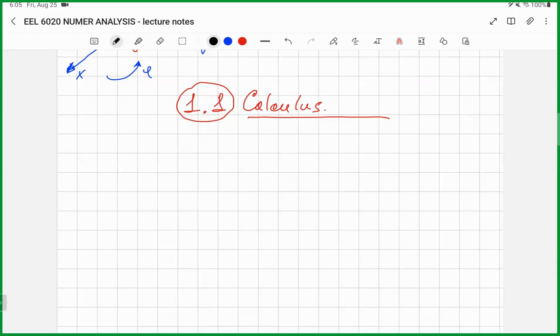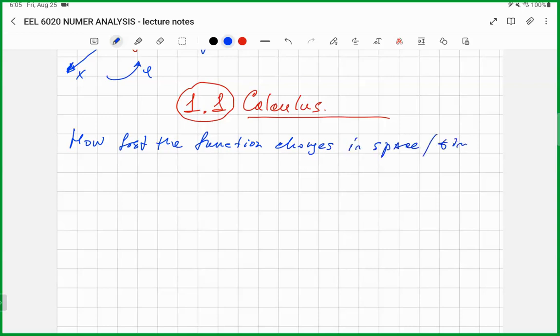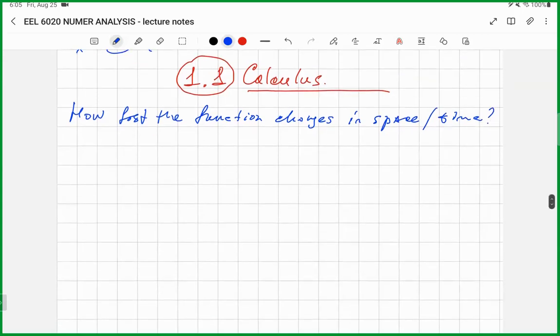We need to write this down: how fast the function changes in space. And there is a mathematical operation that answers this question, and it's called the derivative.